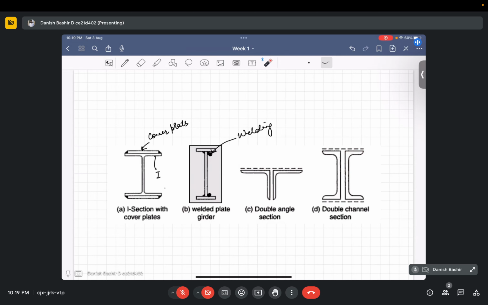We attach one strip or plate at the top and one plate at the bottom, and we form a double channel section as shown here. Okay, double channel section. So these are the built-up sections. It depends upon our requirement how we need these in our structure design.